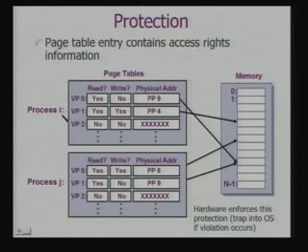Process I has a read permission for this page, because this is virtual page 0, which is mapped onto page 9 in the physical memory. It does not have permission to write onto this page, but it can read from that page.